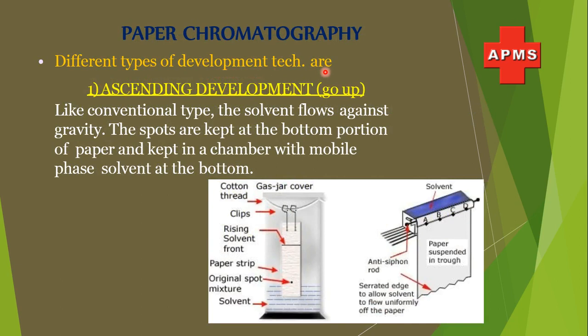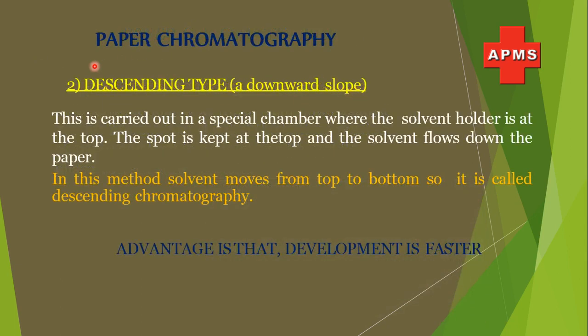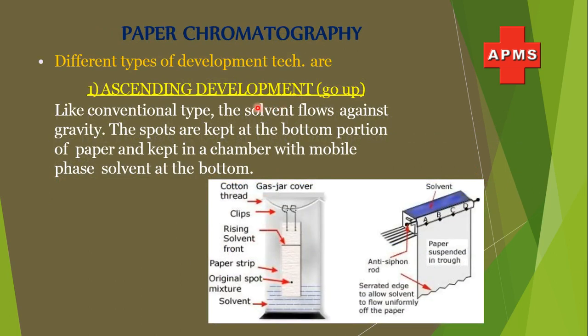Now, the different types of development techniques are ascending development and descending development. First we see ascending development, shown as go up, which means the solvent flows against gravity, from bottom to top. Here the solvent is placed at the bottom of this chamber, and it goes from bottom to top, against gravity.